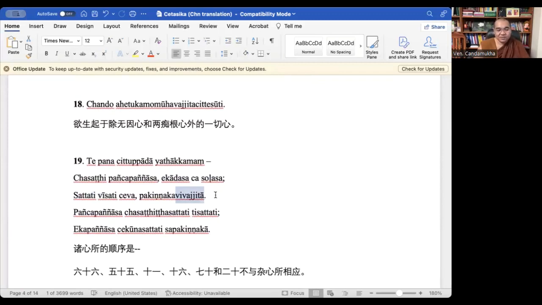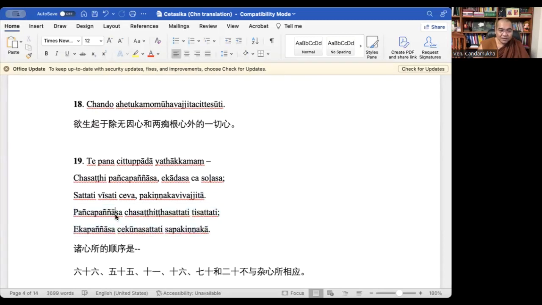The first one is dissociation. And the second part of the verse is association.